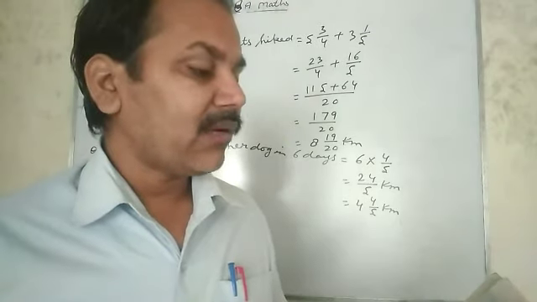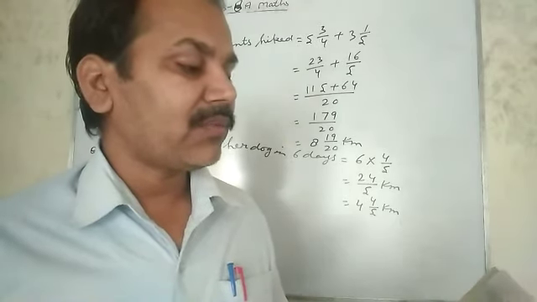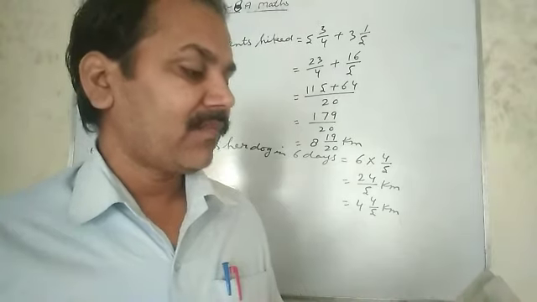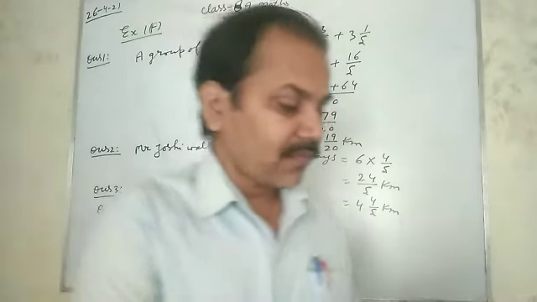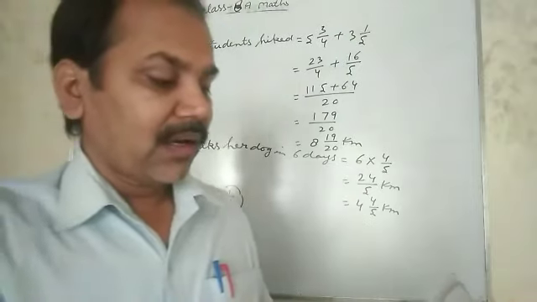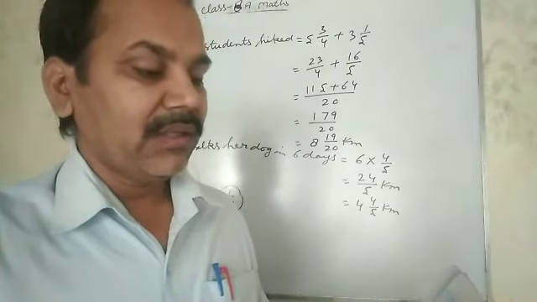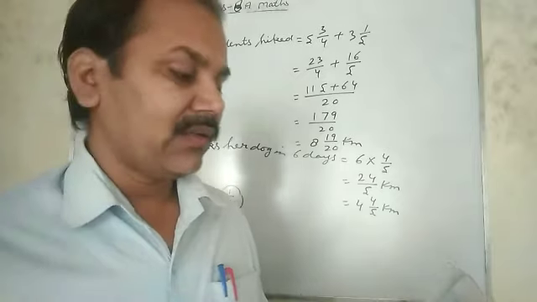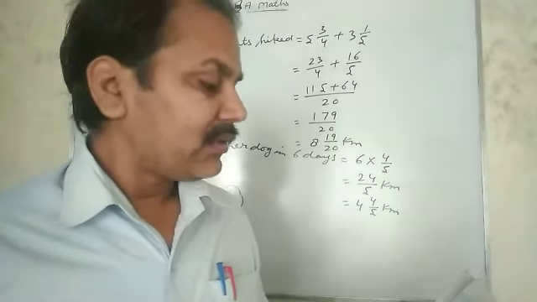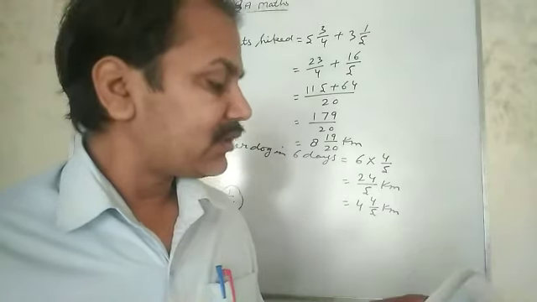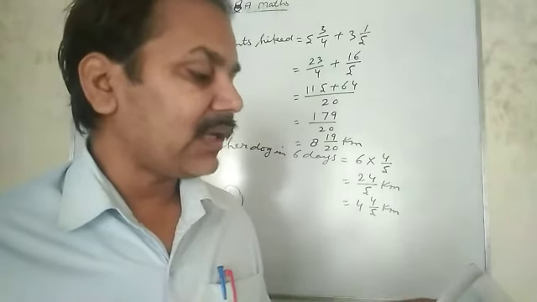If the tank can hold 245 3 by 8 liter, means after using, the tank can hold 245 3 by 8 liter. So how much space in the tank is unused?